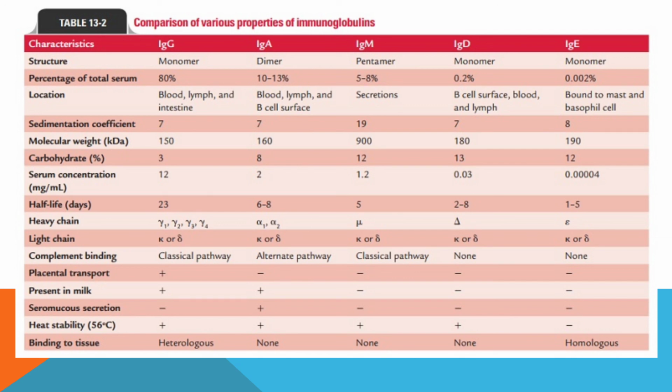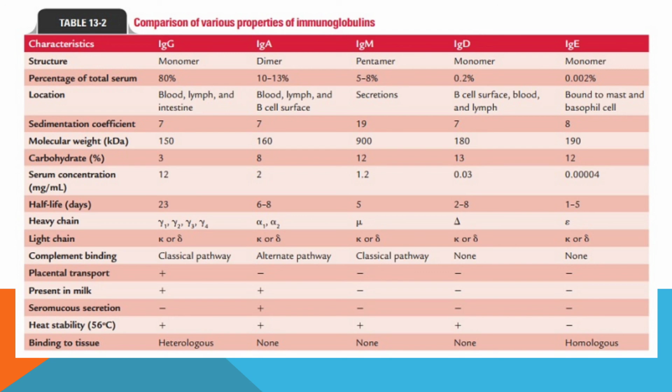And the heavy chains found in these immunoglobulins are: in IgG, gamma 1, gamma 2, gamma 3, and gamma 4. In IgA, alpha 1 and alpha 2. In IgM, mu. In IgD, delta. In IgE, epsilon.